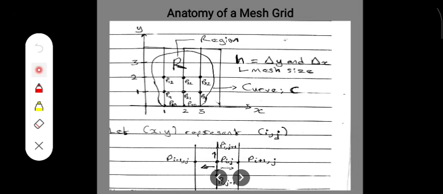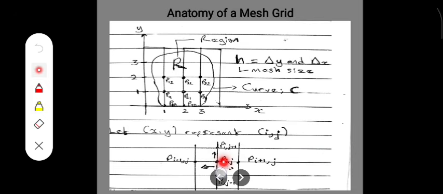Now let's represent x and y as ij notation. Let's say this is a node in our region, Pij. When we extend to the right hand side, it means we move to the positive x-axis, so we add 1 to the i notation. If it was p21 before and we extend to the right hand side, 2 plus 1 gives p31, because we move positive on the x-axis.